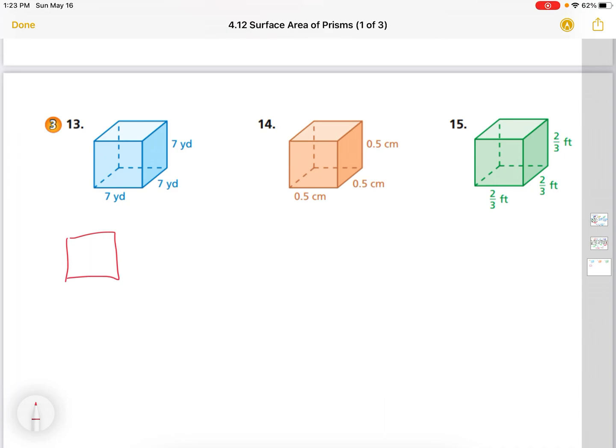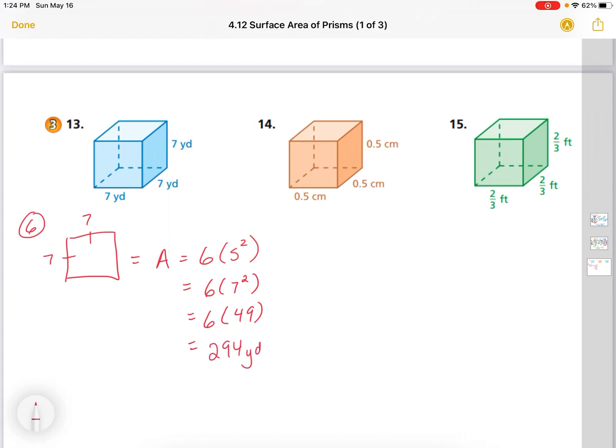If I have this cube here, it's 7 by 7, and I have 6 of them. So my area will be 6 times side squared. So 6 times 7 squared, 6 times 49 equals 294 yards squared.